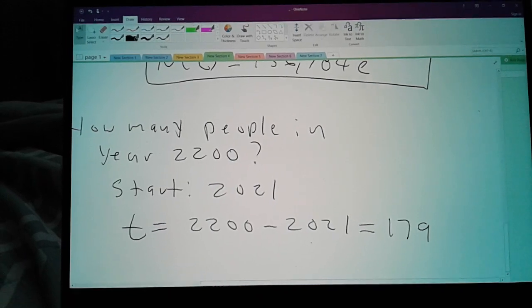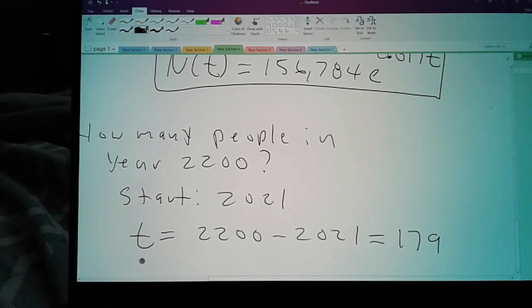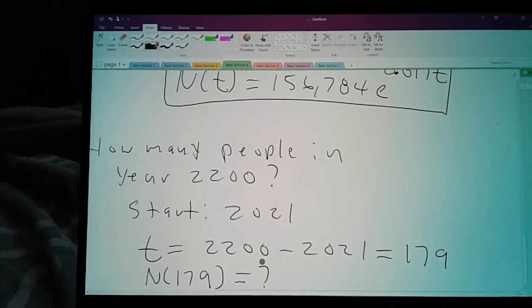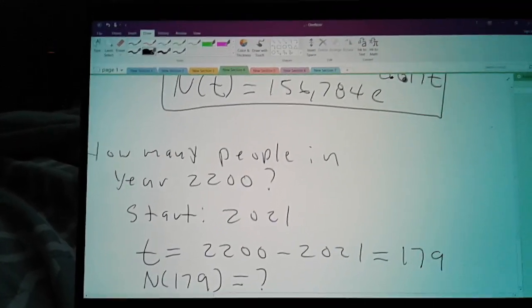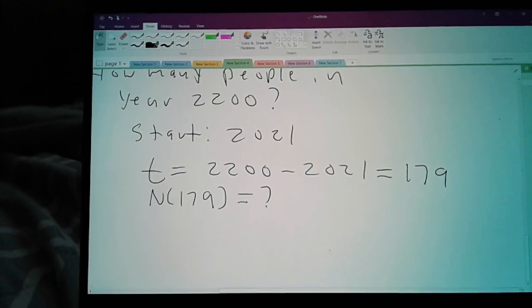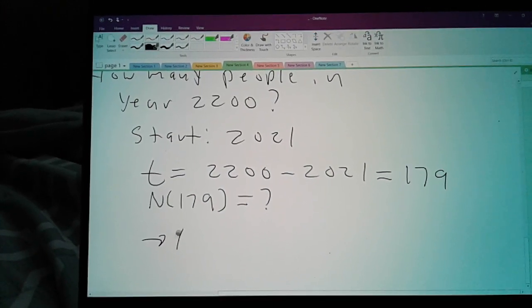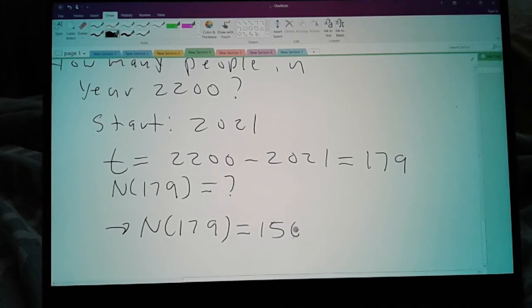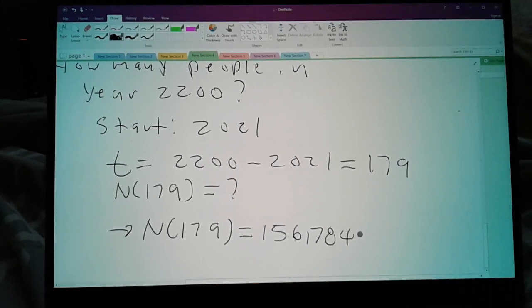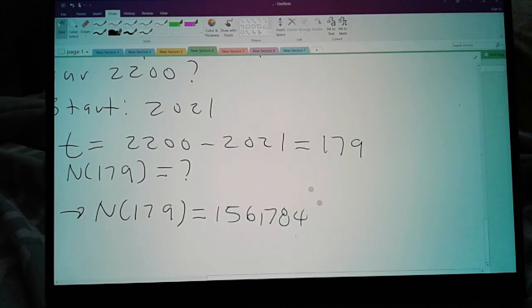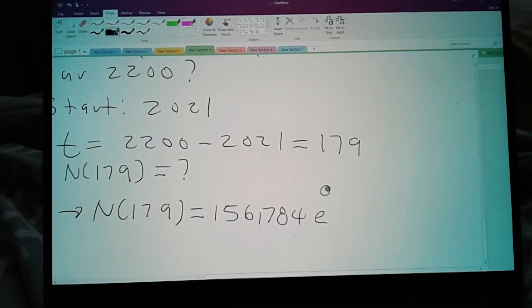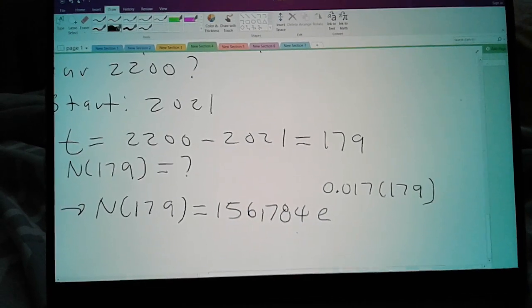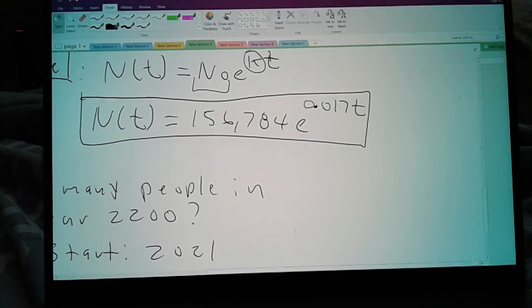So I want to figure out N of 179 is my question. You're going to put in 179 for T and then figure out what N is. So I just have to plug in 179 for T, in two different spots.